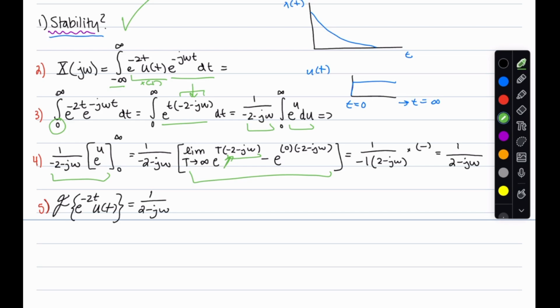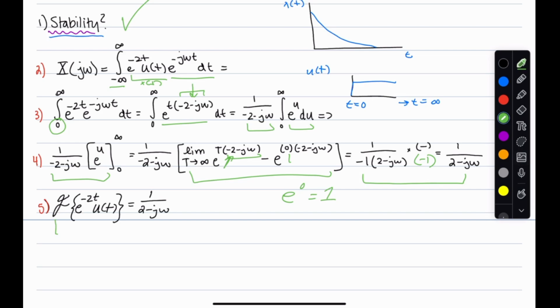And then we have the second part here. It's e where now our u is equal to 0, and of course any number raised to the power of 0 equals 1. So our resulting answer is 1 over, taking out negative 1, negative 1 times 2 minus j omega, and then times negative 1. So when we do that, the negatives cancel, and beautifully we have 1 over 2 minus j omega.